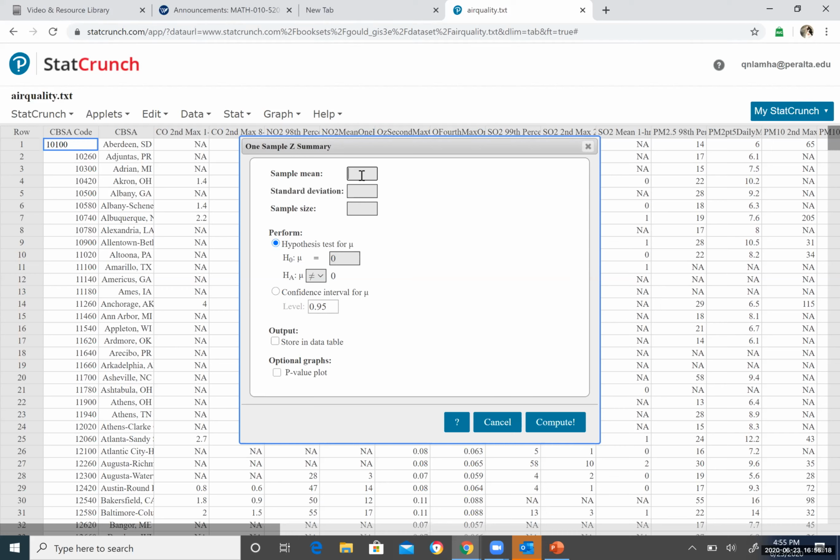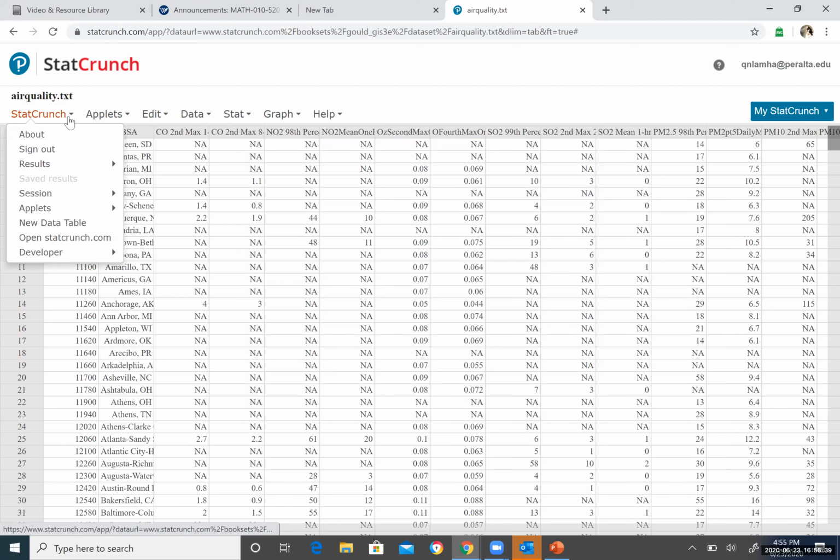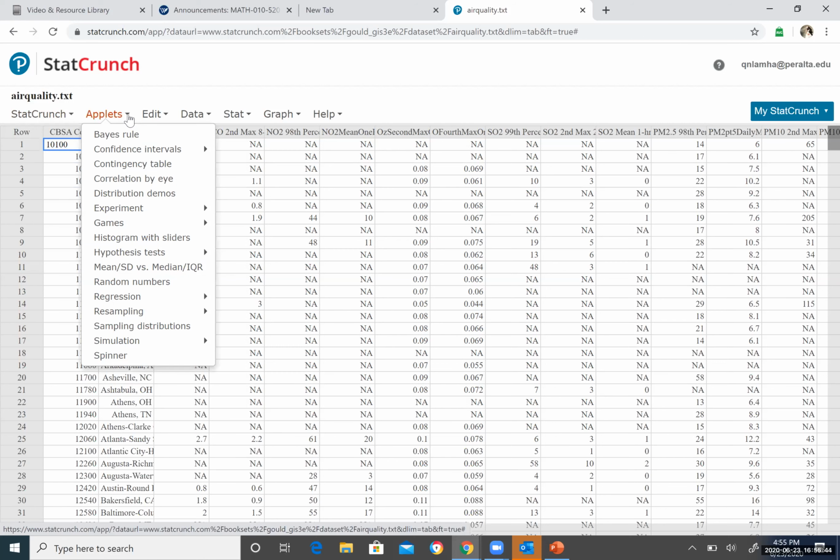So let's try 0, 0, 2. Okay. Standard deviations, so roughly about... we did know this value already, but right here I think I got the wrong place. Let's go back. So it looks like StatCrunch doesn't let you compute sample standard deviations.